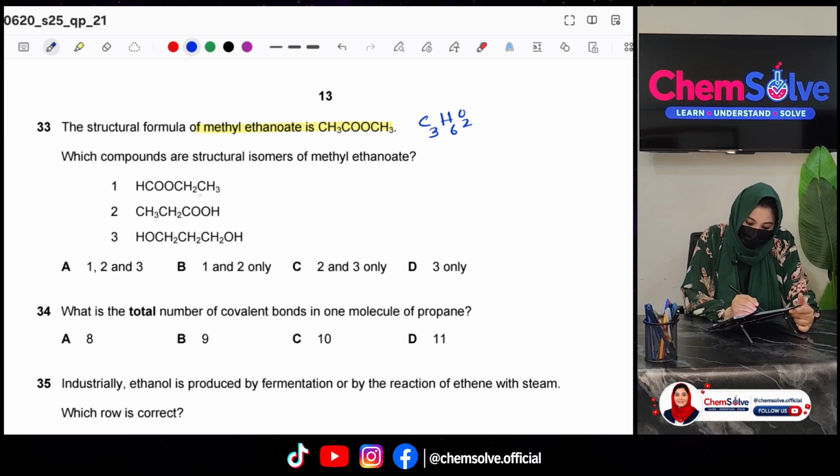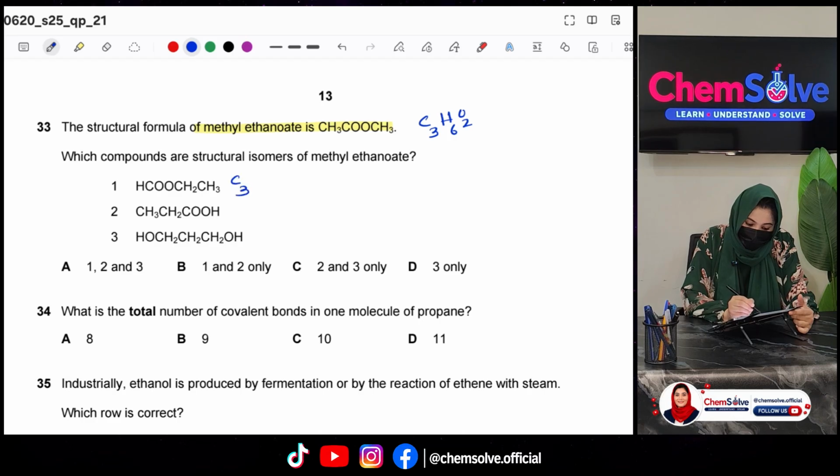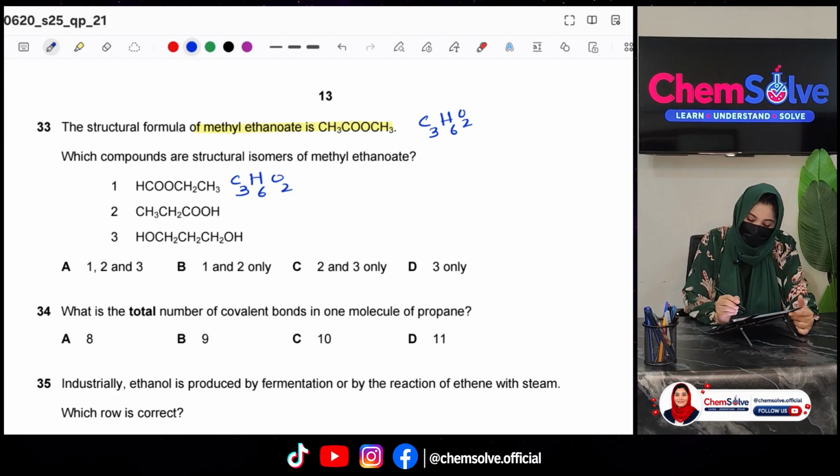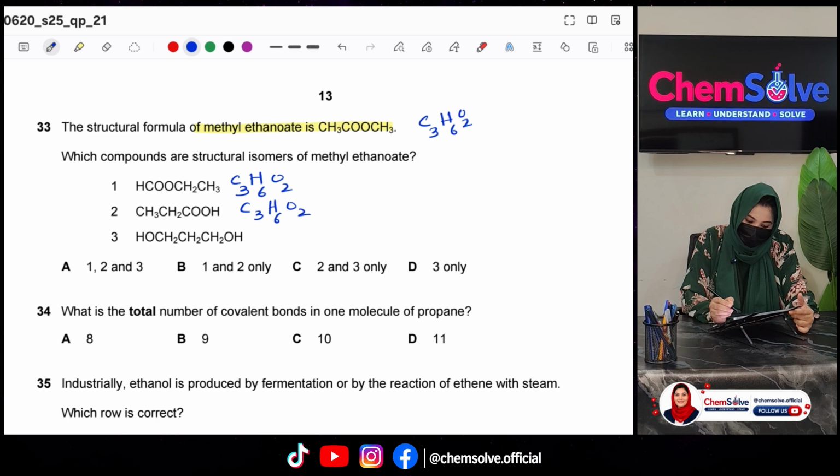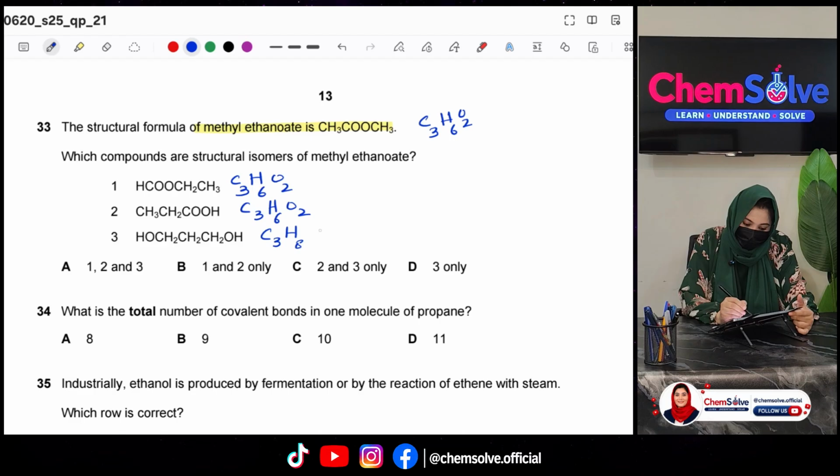And what about this? It has also 3 carbon, 6 hydrogen and 2 oxygen. Okay, this could be the answer. Next is 3 carbon, 6 hydrogen and 2 oxygen. Next is 3 carbon, 8 hydrogen and 2 oxygen.